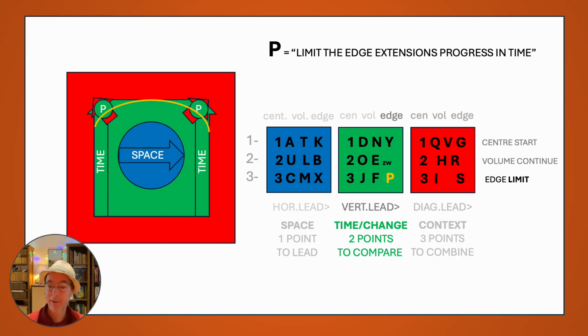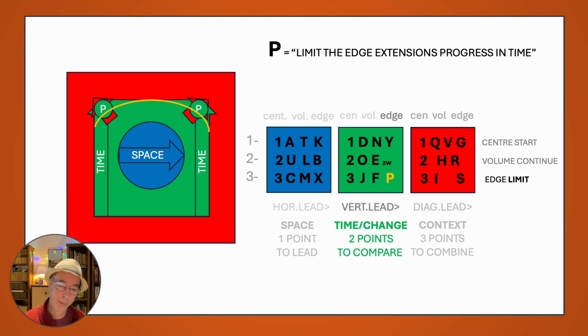Let's investigate. Of course, I have all the letters of my scheme here together with some 9 positions in space, 9 positions in time associations, and 9 positions in context associations, with which we can combine all the positions in space, time, and context.